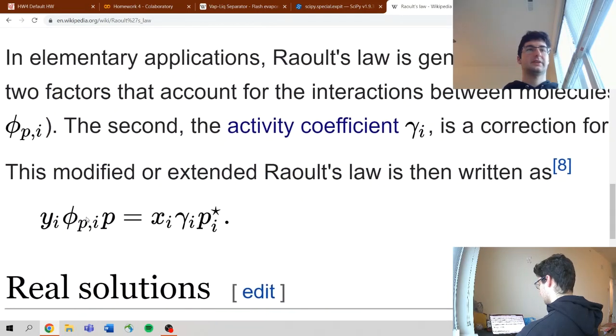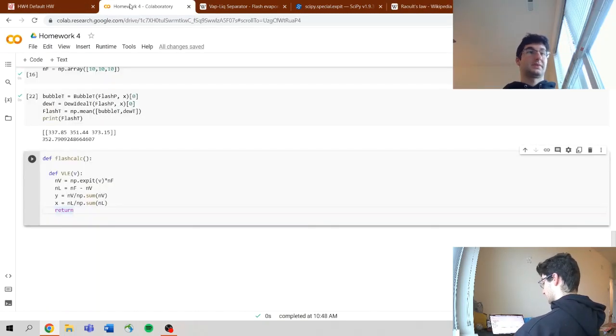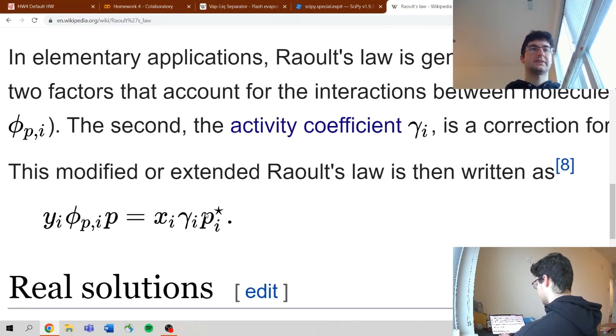So we're ignoring this term here, because that's about mixing, and we're assuming this is perfectly mixed. So y times total pressure equals x times our activity coefficient times our saturation vapor pressure at equilibrium. It's a mouthful. What we want to do with this function is use this Raoult's law and zero this function out. So one side of it is x times the activity coefficient times P star.